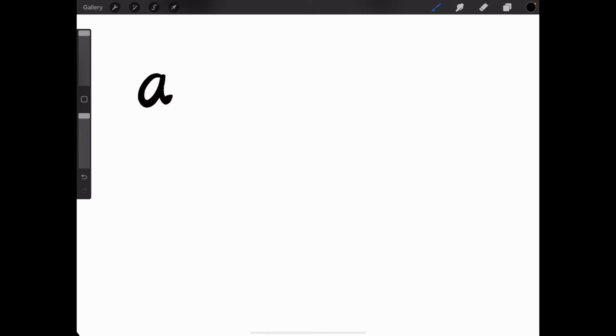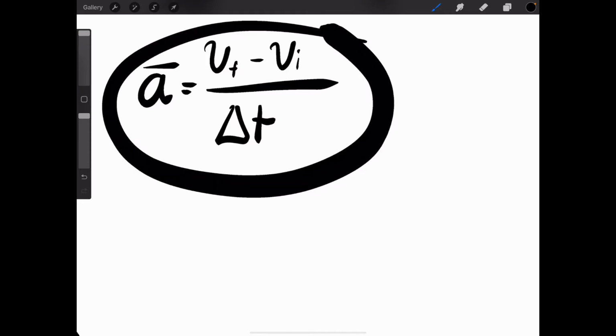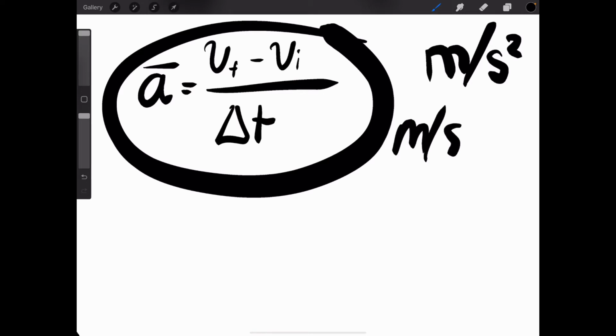So, acceleration equals final velocity minus initial velocity divided by time. We're going to use this formula. Acceleration is measured in meters per second squared.